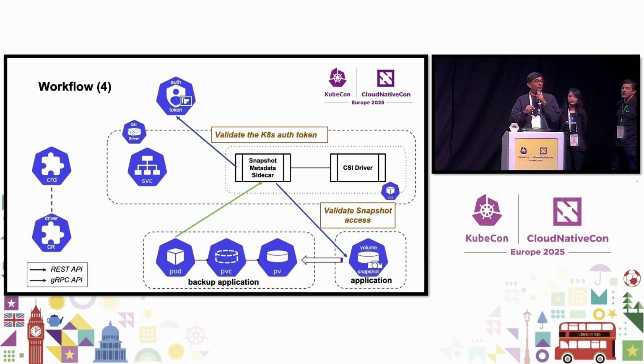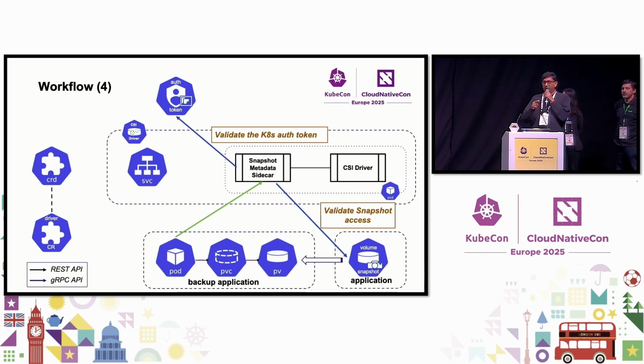The backup application trusts that the sidecar is what it is. But the sidecar knows nothing about the backup application. However, in every one of these RPC calls is the Kubernetes authentication string we obtained from the previous step. So the first thing the sidecar does is contact the Kubernetes API to validate that authentication string. So now we've reached mutual authentication.